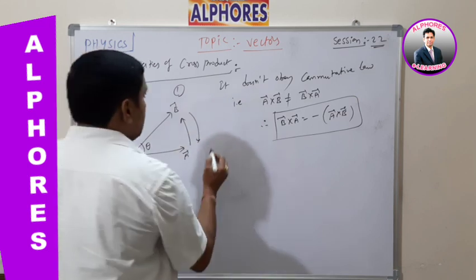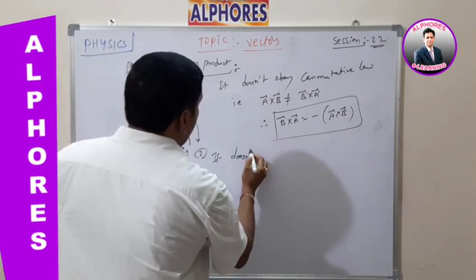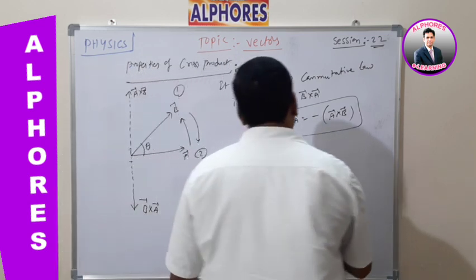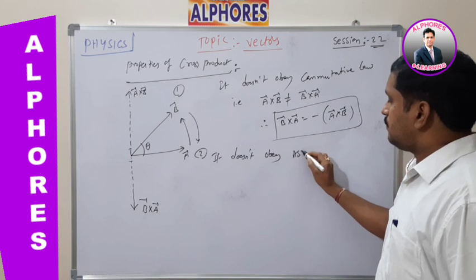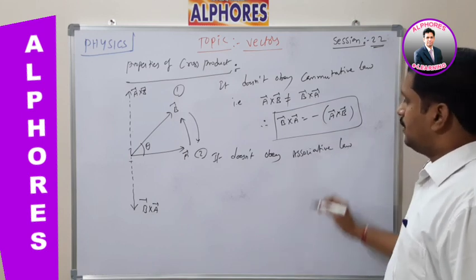So that's why it doesn't obey the commutative law. Now the second property is that it doesn't obey the associative law.